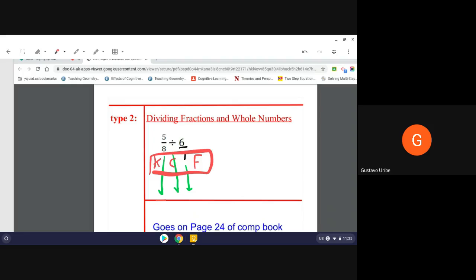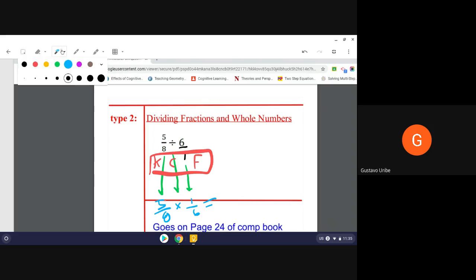You're going to only do this whenever you have division. So this first one's going to stay the same, 5/8. I'm going to change division to multiplication. And I'm going to go ahead and flip this fraction. So I am multiplying by the reciprocal, would be the actual term.